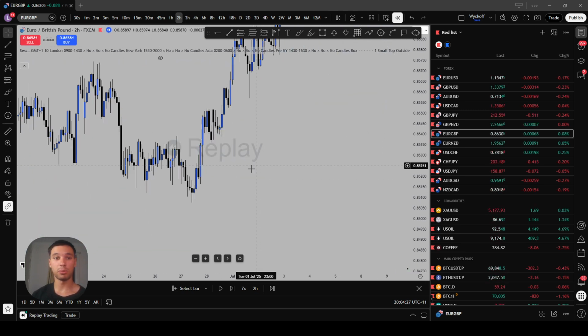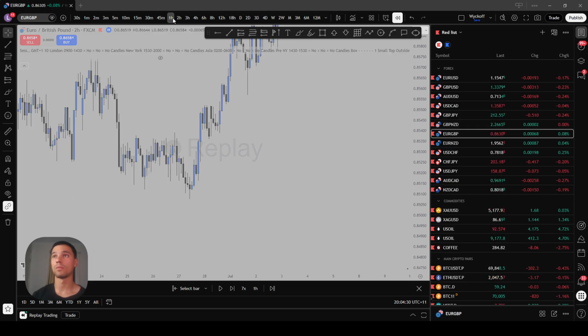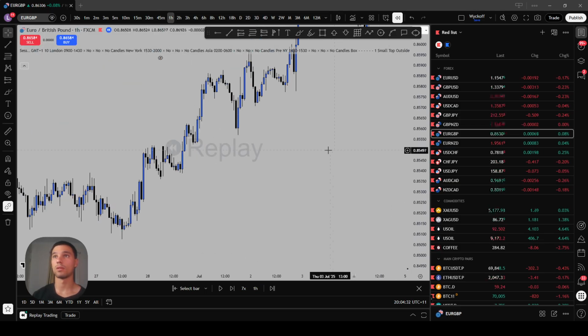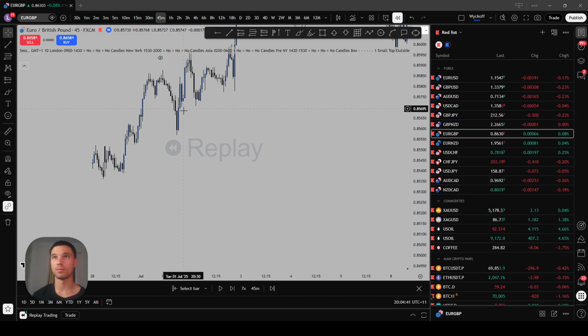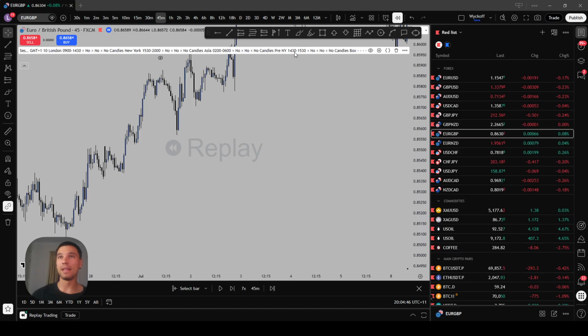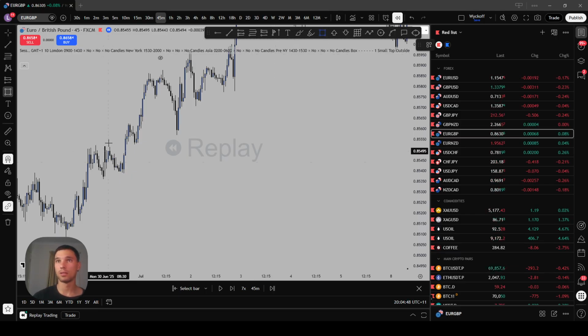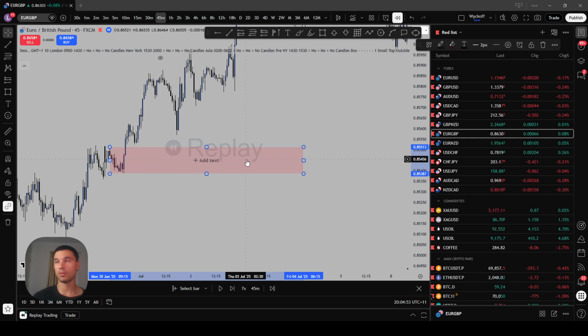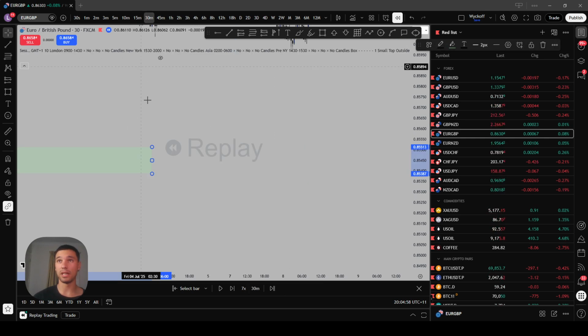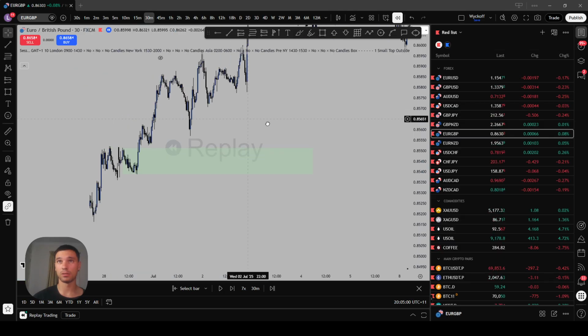Yeah, they're not really the cleanest POIs here. If anything up here, but we do want to see if it has been mitigated prior.